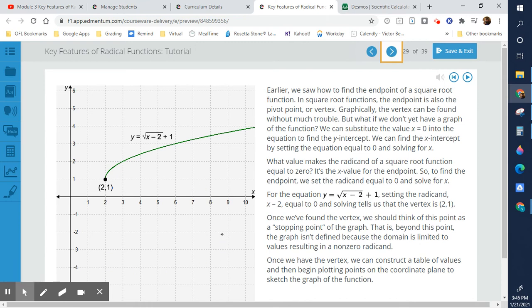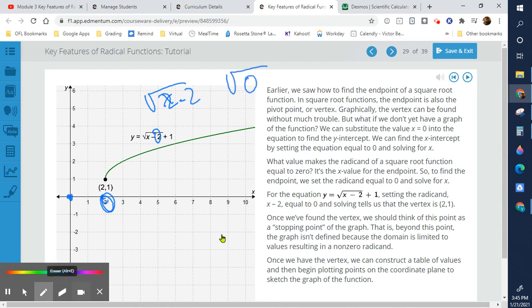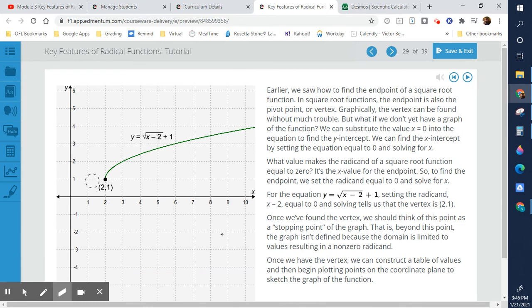The reason I like to think about this is if we plug in a 2 for the x, this 2 is behaving like a 0, because we're taking the square root of 2 minus 2, so we're taking the square root of 0. So that's why if we're subtracting from the 2, it's really moving the graph to the right. A lot of people think it's backwards.